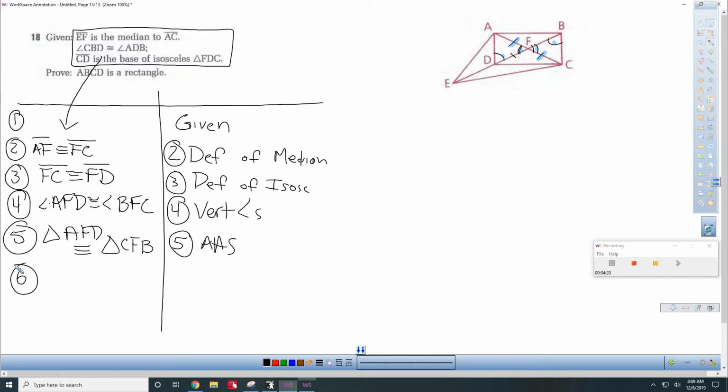Okay, so then I can say BF is congruent to DF by CP.